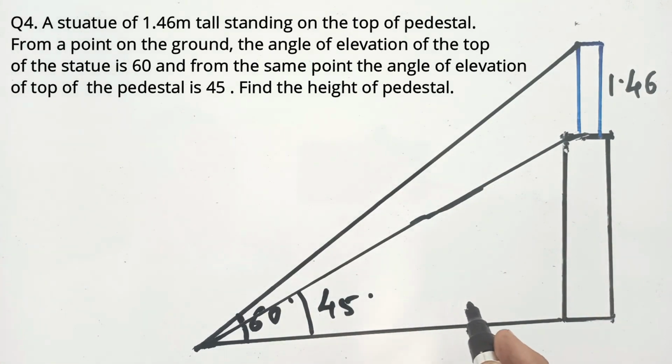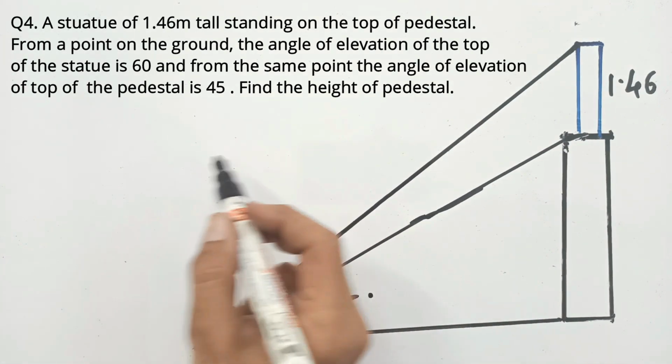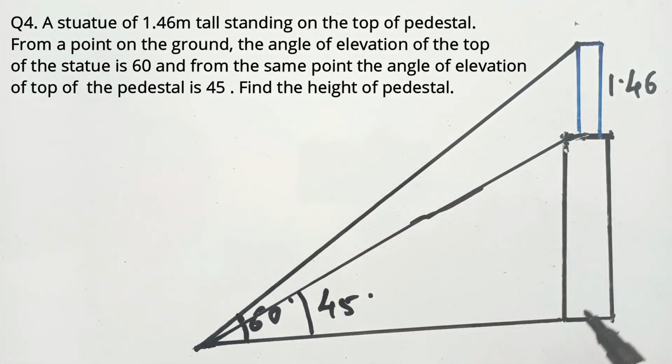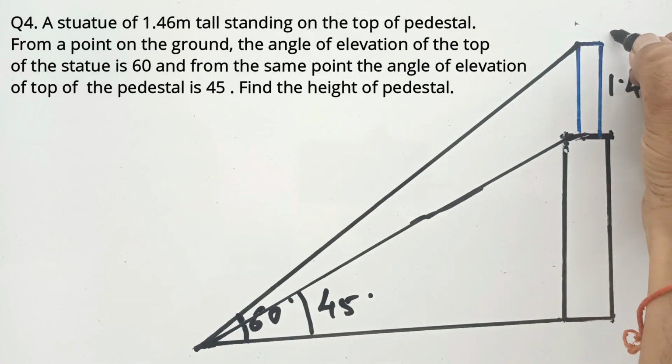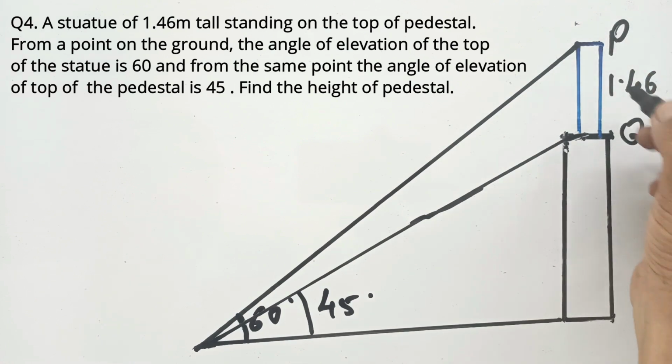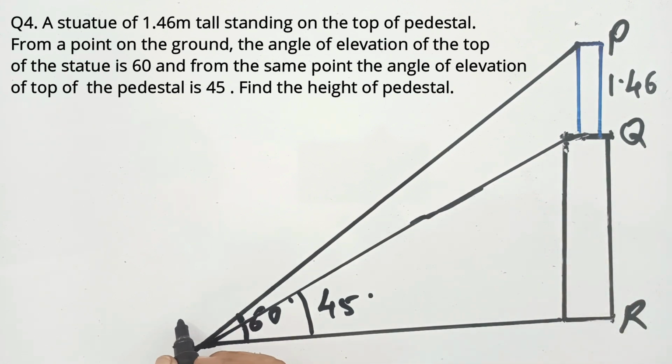So my dear student, you have to practice like this, reading the question step by step and drawing the diagram. So let us suppose this is P, Q, the statue, and PR is the pedestal, and this is point T on the ground.